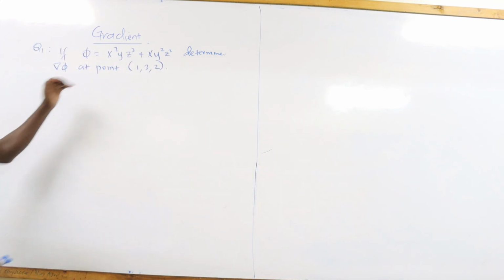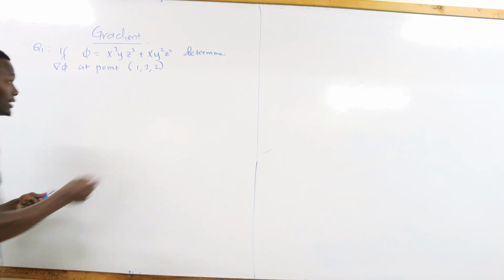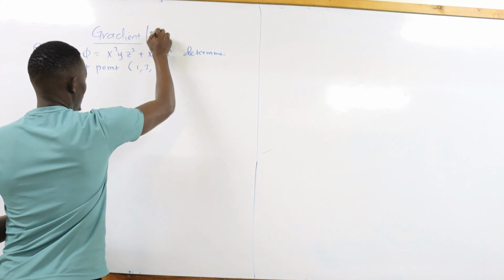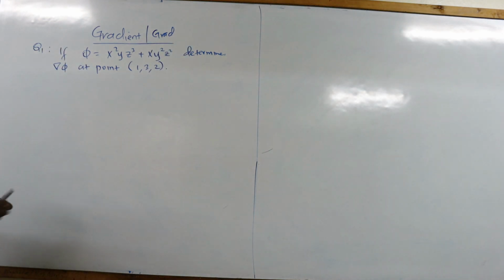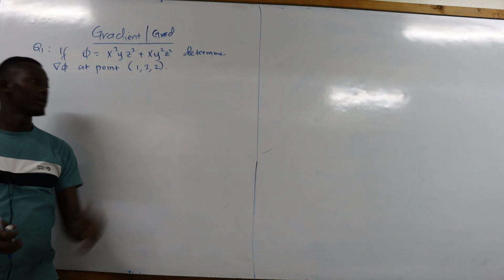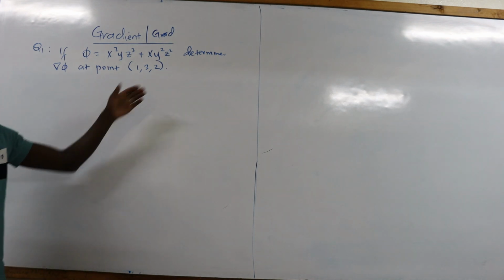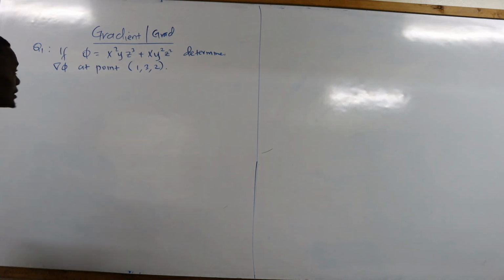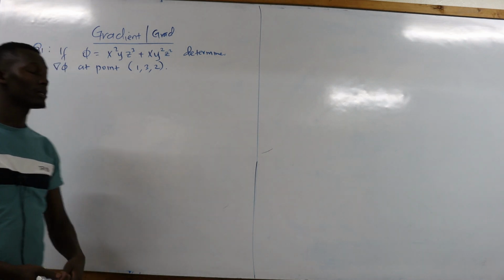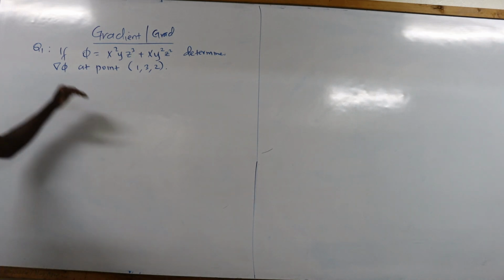Now we have something called the gradient here, and I can call it grad. That is the short form. So again, we are checking questions directly from your papers, so we are doing a kind of revision here. Now, given that phi is given by x squared y z cubed plus x y squared z squared, determine the gradient at the point (1, 3, 2).